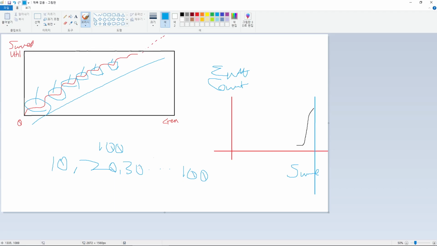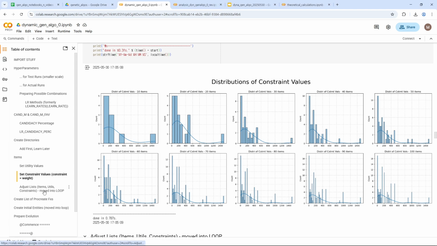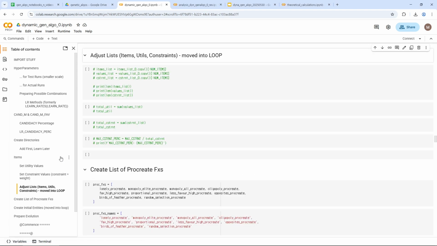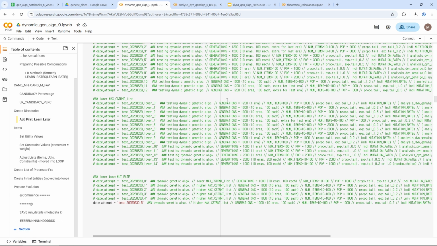So, coming back, the number of items will change from 10, 20, 30, 40, all the way to 100 at every 100 generations. So there are 10 eras, and the constraint values are also set here.